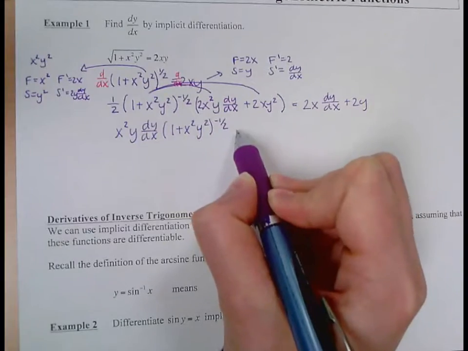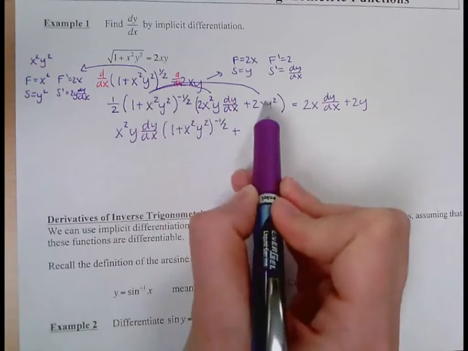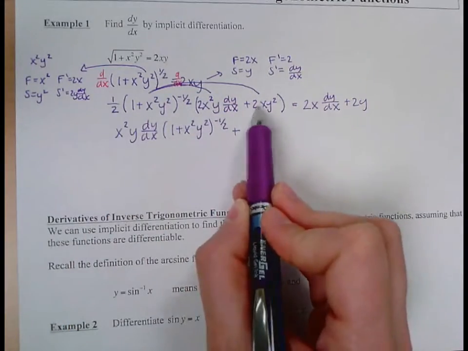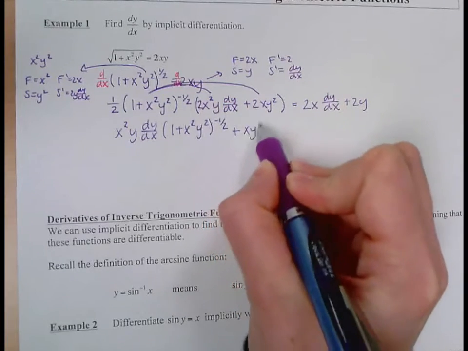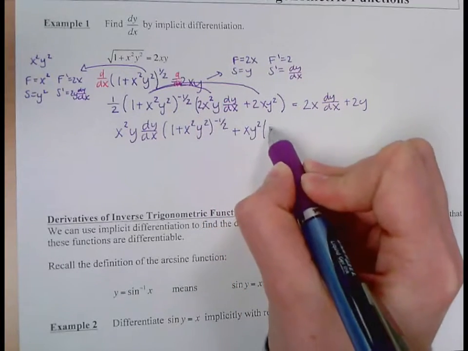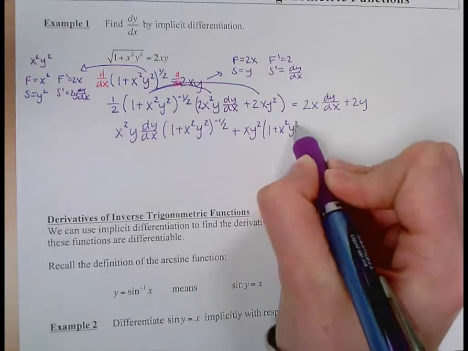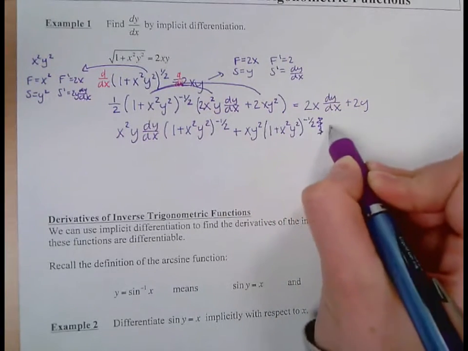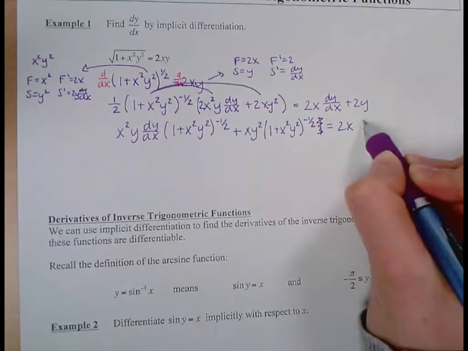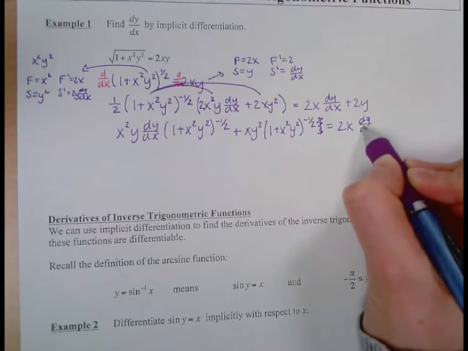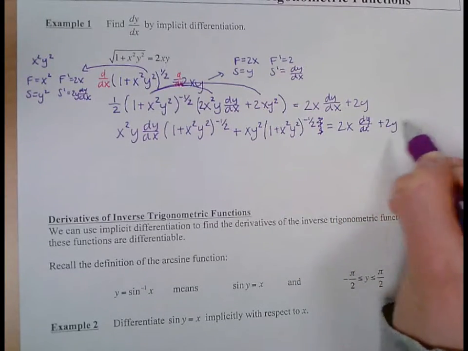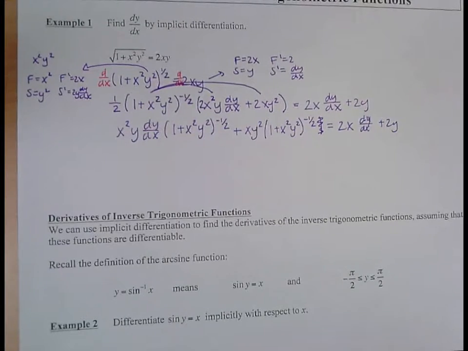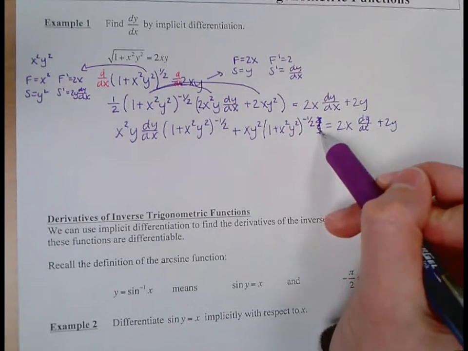So it's going to look messy. And then to the next term, again, the 1/2 and the 2 would cancel, but you'd have xy squared times the quantity 1 plus x squared y squared to the -1/2. Oops, I don't need that there. Equals, I didn't change the right side. So that might have answered some of the questions you have.